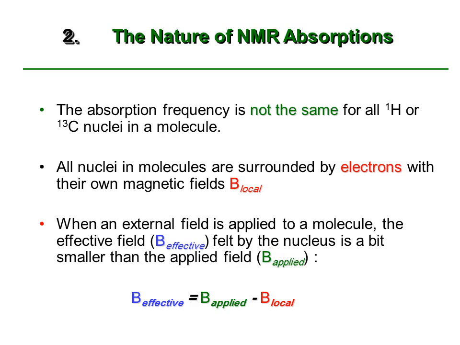When an external field is applied to the molecule, the effective field, meaning the field that will cause the flip of the nuclei, is a bit smaller than the applied field. So the effective field equals the applied field minus the local field.